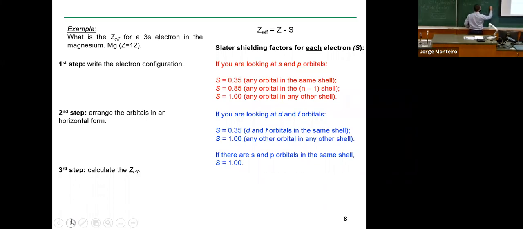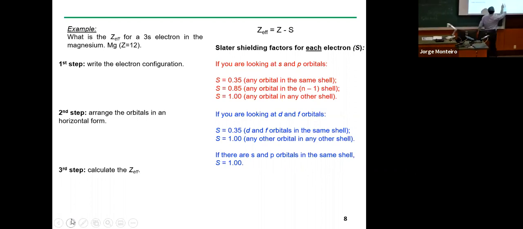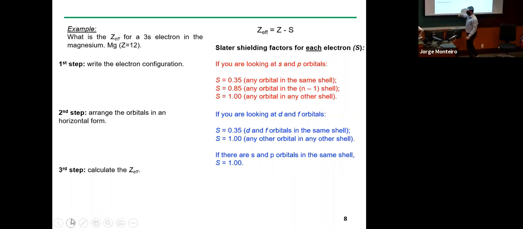So here we have n minus 1, and n minus 2. 2 electrons are going to shield with a factor of 1, all right?